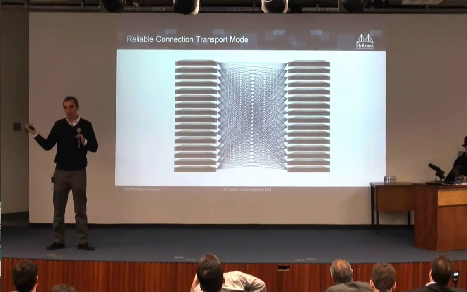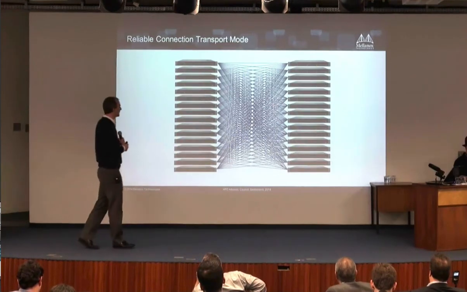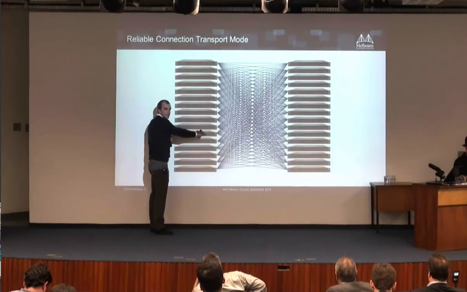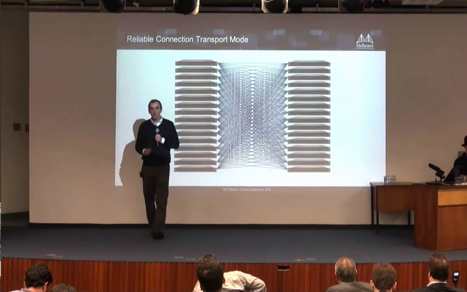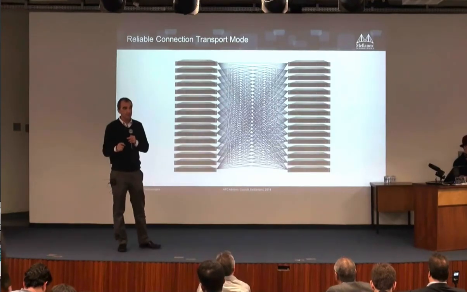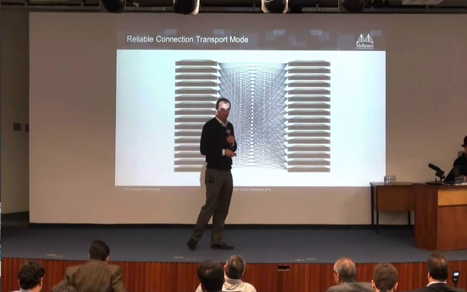So as your cluster grows, that number significantly grows to the extent that the amount of memory that you need to devote at each one of your compute nodes for maintaining the reliability context on each one of these connections and the time that it takes to set those up becomes prohibitive.